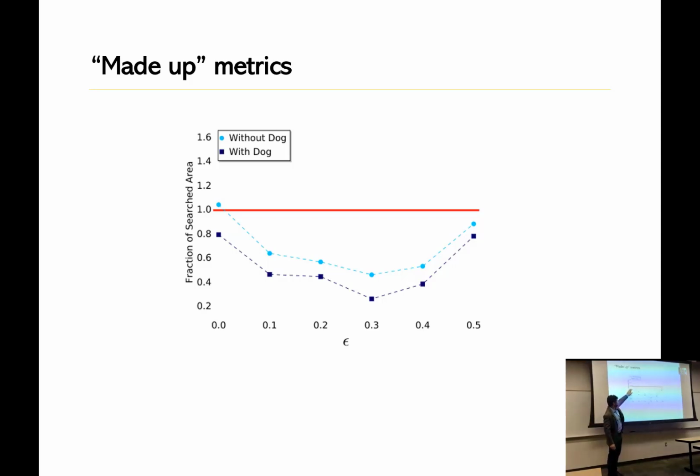And so, based on that domain knowledge, we were able to develop metrics for both without a dog and with a dog, and then epsilon is just the hyperparameter from the algorithm. So that's a totally made-up metric, but we justified it, we motivated it. We had to have all that in the paper, but it was effective in showing that the results were good.